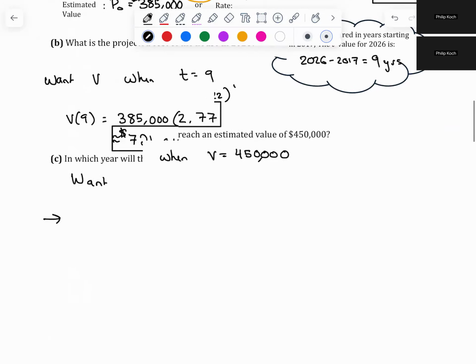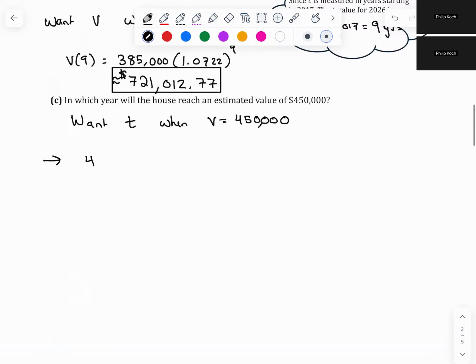So we can solve that. 450,000 equals 385,000 times 1.0722 raised to the t. The good news is this is an exponential equation, and we're just going to solve it like any other equation. We want to get the variable by itself. So I should probably start off by dividing by 385,000.